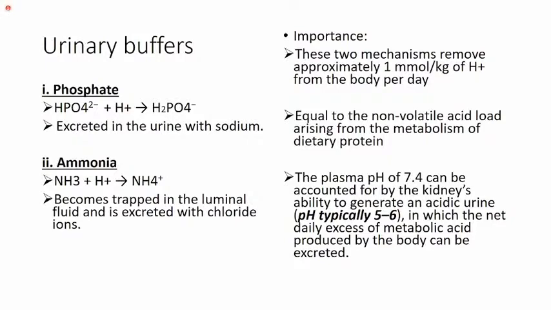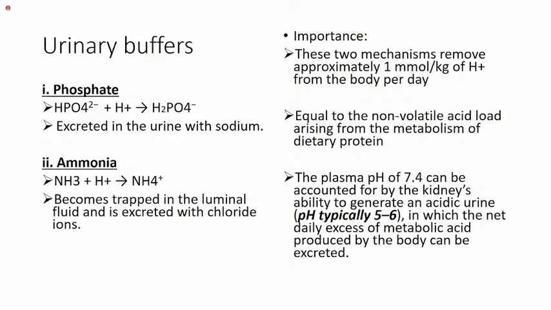Okay, so these two mechanisms are actually able to remove approximately 1 millimole per day of the hydrogen ions. Now, this is actually equal to how much you produce from metabolism, okay? So every day you're producing about 1 millimole per kg of non-volatile acids from metabolism of dietary proteins. So you don't become acidotic because your kidneys are able to excrete that acid.